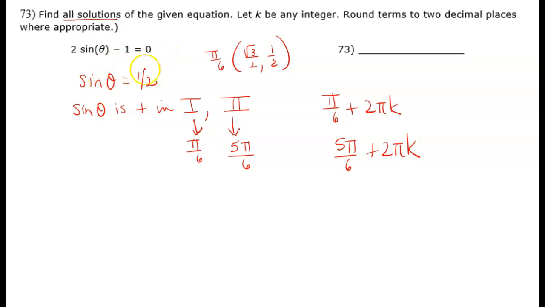So sine is positive 1/2 for the pi over 6 angles, and it's also positive in the first and second quadrants. So I need my pi over 6 angle from the first quadrant, which obviously is just pi over 6, and I need my pi over 6 angle from the second quadrant, which is 5 pi over 6. So basically I have two places on the circle, one here at pi over 6 and one over here at 5 pi over 6, where the y coordinate or the sine value is 1/2.